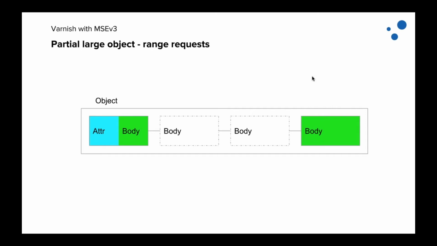This would also be the case for the scenario where maybe a large ISO file and you have a very slow client, and instead of keeping all of that ISO file in memory while the client downloads it piece by piece by piece, as the client delivers one part of the object, then that part is no longer referenced, and it might be removed from memory because it was needed elsewhere.